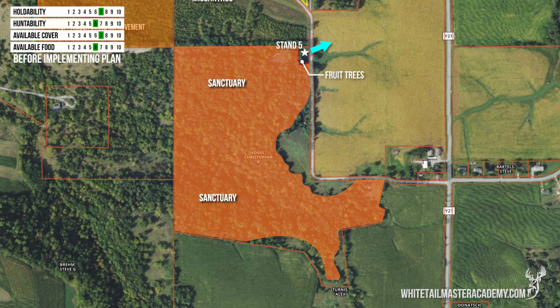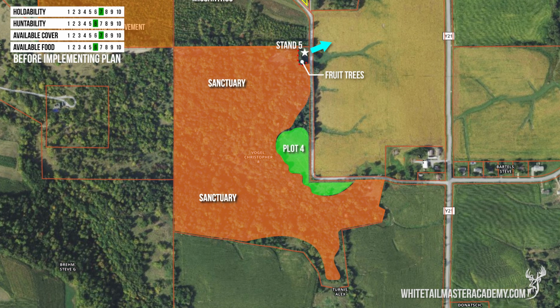And as we move on down the road along that east side of this section of the property, we come to an opening, and this is going to be a fantastic spot for a food plot. The road makes a 90-degree turn right there, and that food plot is going to wrap around that 90-degree turn on the road.